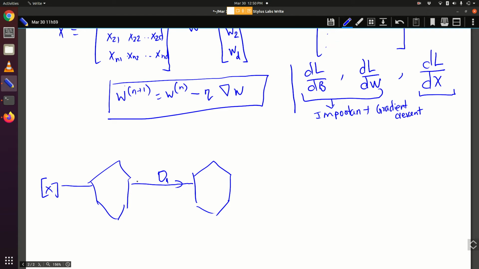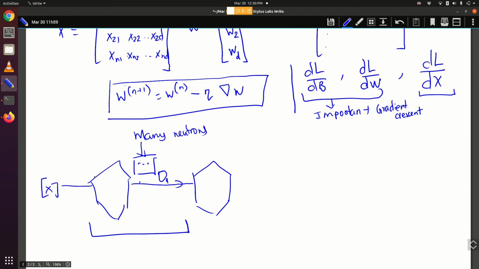There are many other layers that I have not drawn, many other neurons like sigmoid, ReLU and so on.